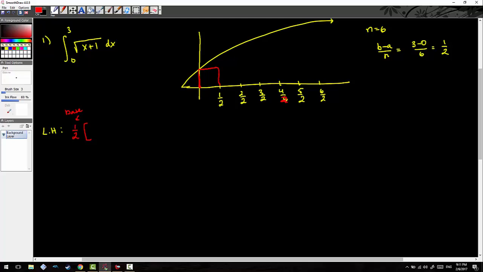And how did I get that height? Well, I got that height from this portion of the rectangle, which is f of 0. Now if I look at the second rectangle, which is going to be this guy, again, I'm going to pull that from the left side of the rectangle. That's how I get the height. So that's going to be f of 1/2.